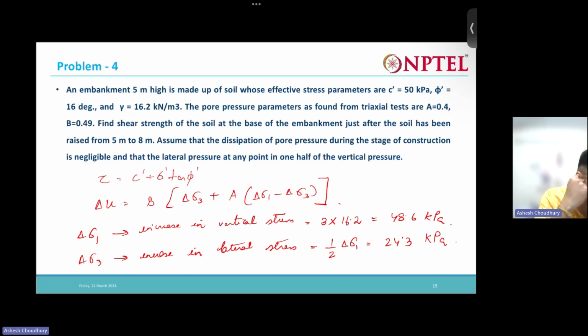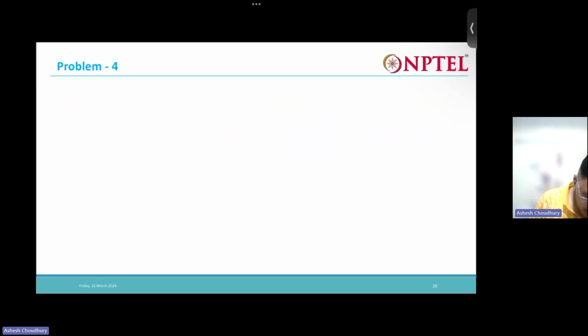Now we are just directly going to put the values in this equation. Okay, B parameter is 0.49, 24.3.